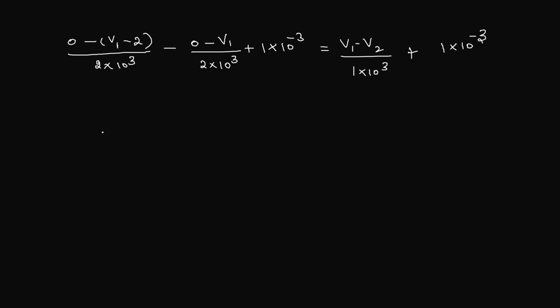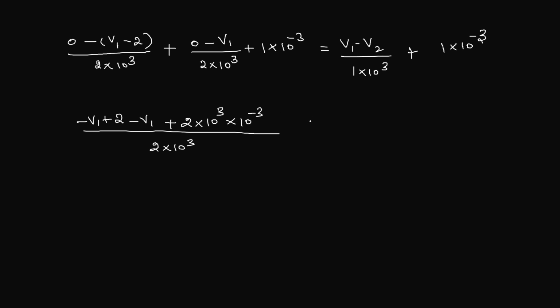Taking the common denominator as 2 into 10 power 3, we get minus V1 plus 2, then again minus V1, plus 2 into 10 power 3 multiplied by 1 into 10 power minus 3.